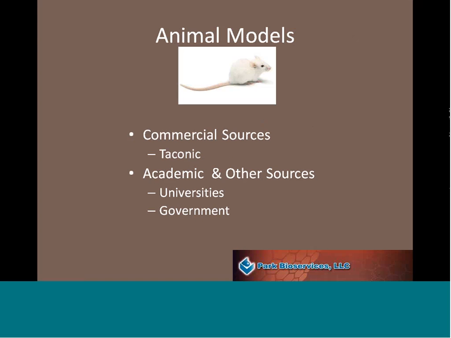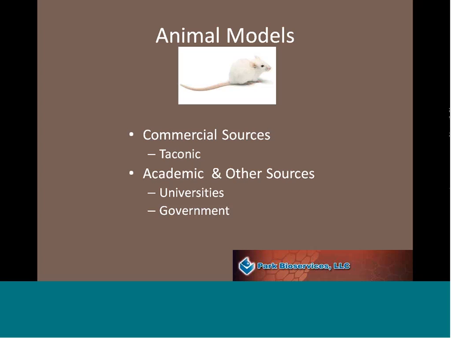So first of all, animal models. Today, we really have very limited commercial sources of germ-free animals, and it is really Taconic that is the only supplier commercially left. So then, in terms of other sources, we have academic institutions, universities, and the government.